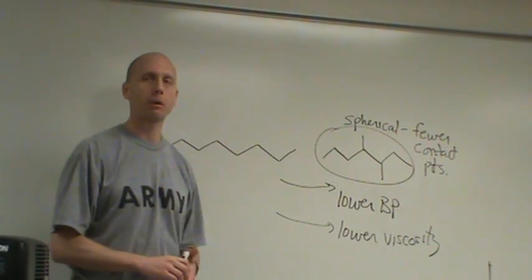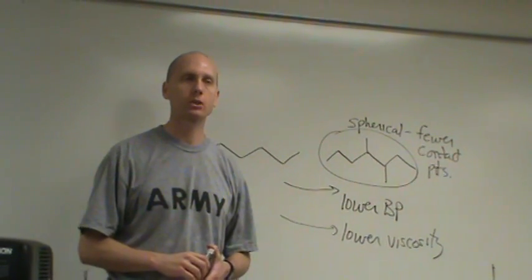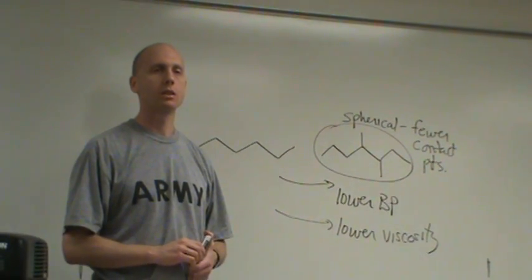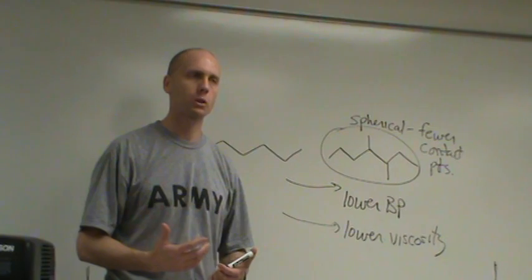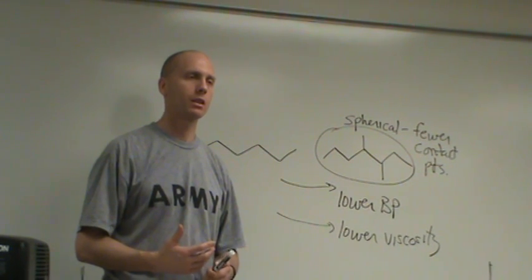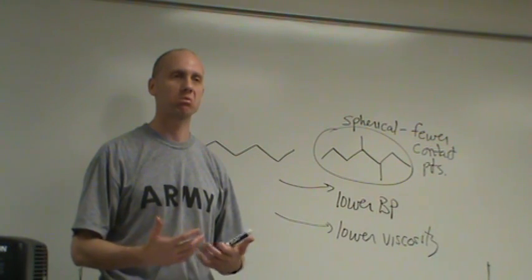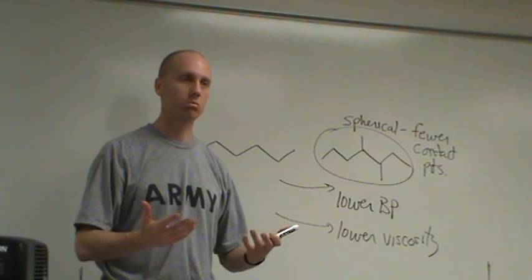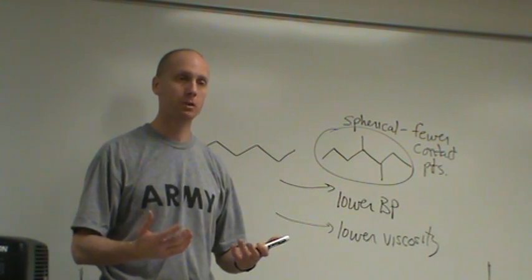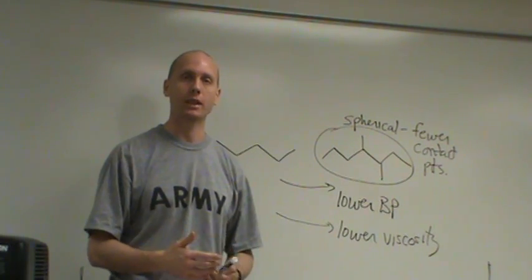Remember what the definition of viscosity was? If something's very viscous, what does that mean? What's an example of something that has a high viscosity? Syrup. If you pour syrup, it pours very slowly.